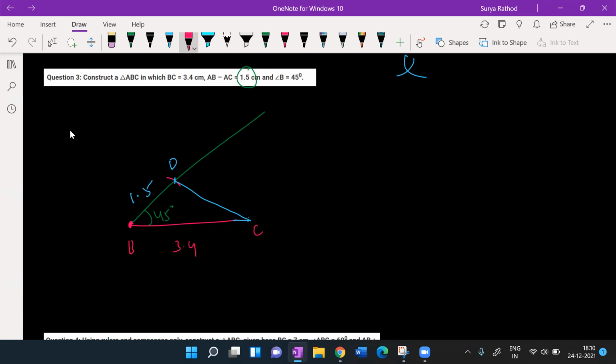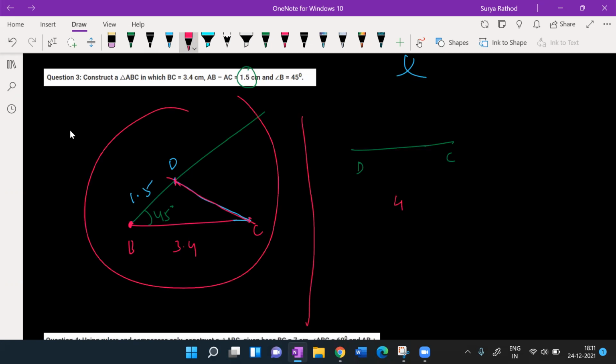Can you tell the bisector again? I'm just drawing the perpendicular bisector of DC here. Okay? Let me show how I told you to draw the perpendicular bisector. Look, this is D, this is C. Let's say this is 4. I'm just giving an example.